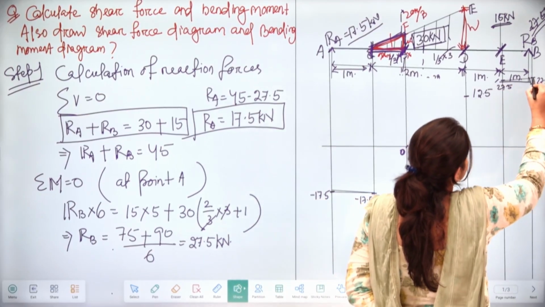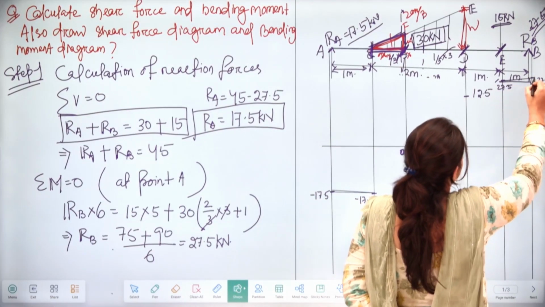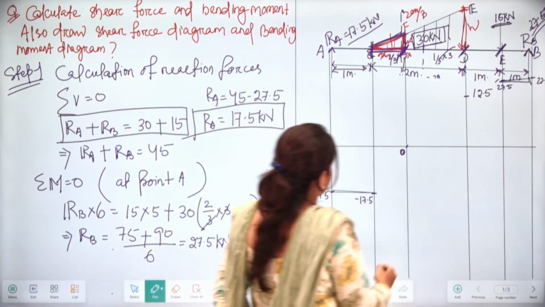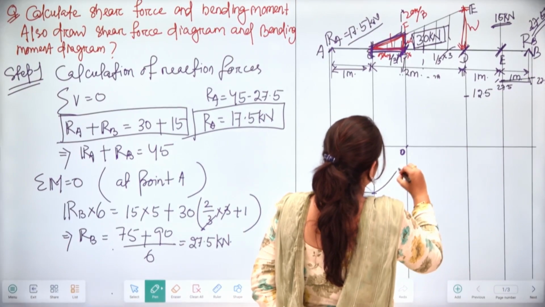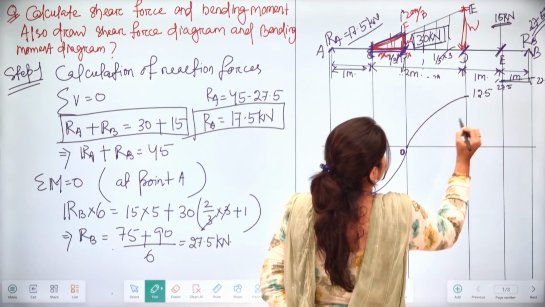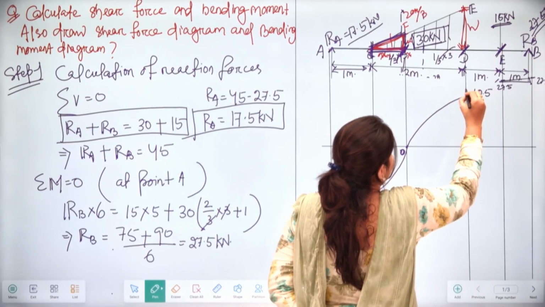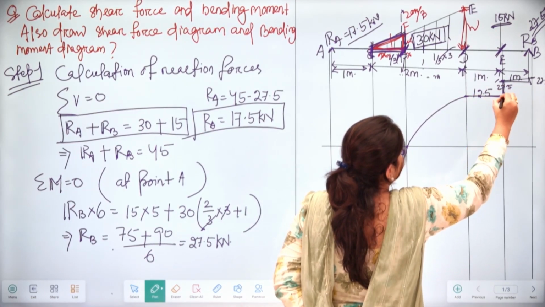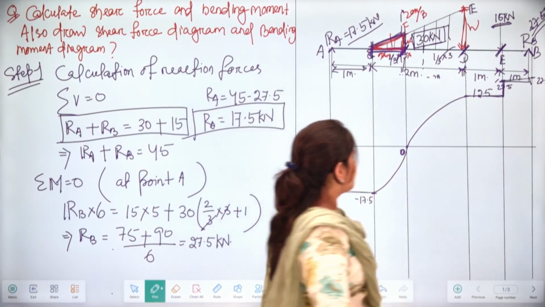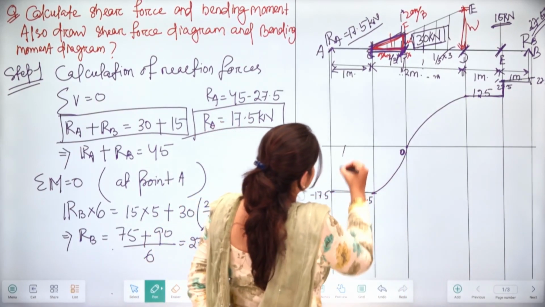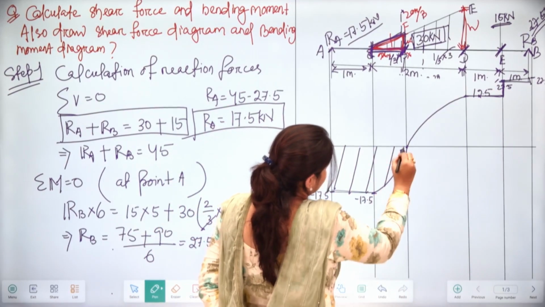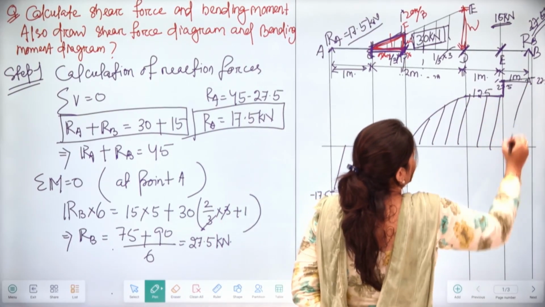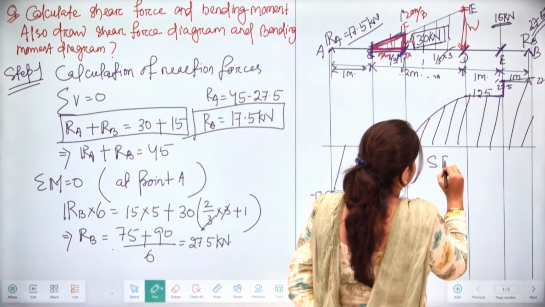Also this will be linear, but in case of UVL it will be parabolic. This will be like joining this line in linear shape. So this part represents the SFD diagram here.